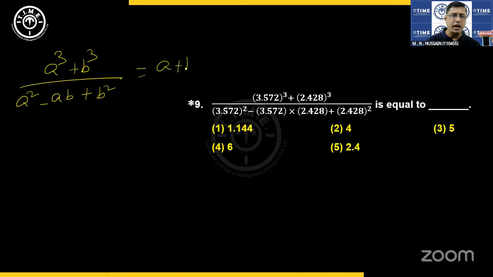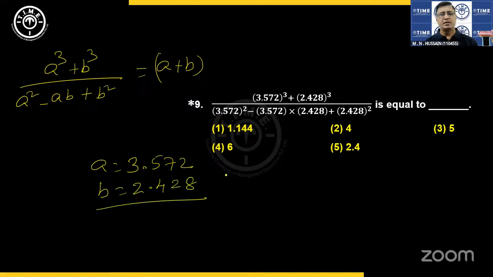It is equal to A plus B. The value of A is given here as 3.572. The value of B is equal to 2.428. 72 plus 28, that is 100. Now add these numbers. It will give the answer as 6. Right choice, option 4. Choice 4 is the right answer.